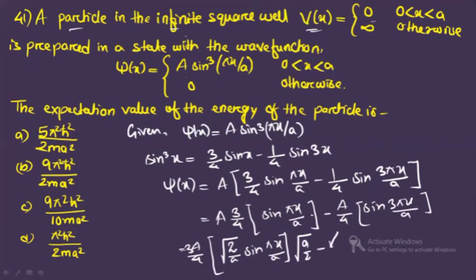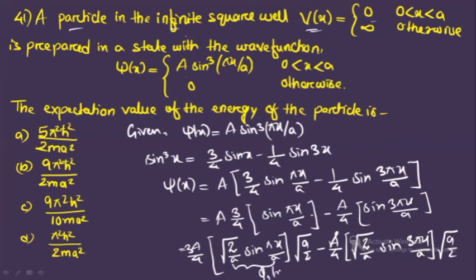Minus, here also I do the same thing: I multiply root over 2 by a and sine 3 pi x by a, and outside I write root over a by 2. This term is phi 1 of x, root over 2 by a sine pi x by a, the wave function for an infinite square well. So this is phi 1, and this will be phi 3.